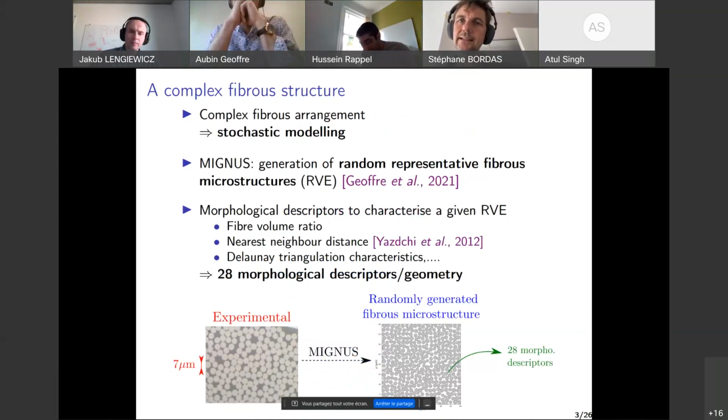Okay, 28 morphological descriptors. So my question is, how do you assess whether these 28, let's say, are minimal, in the sense that they are sufficient, that they are both necessary and sufficient, more or less, that they form a basis of the descriptor space that you want to work in? I guess this is the whole point of the work you're doing, right?